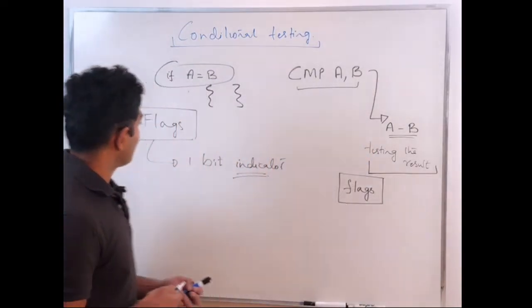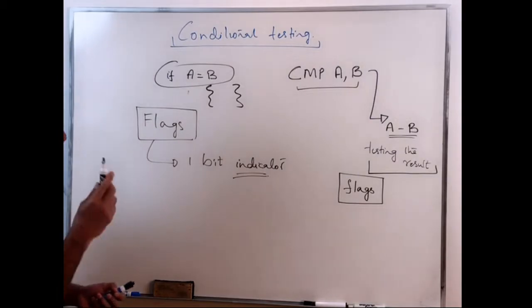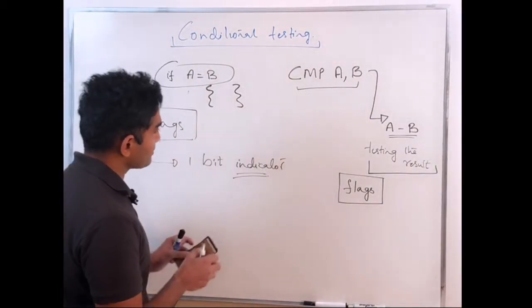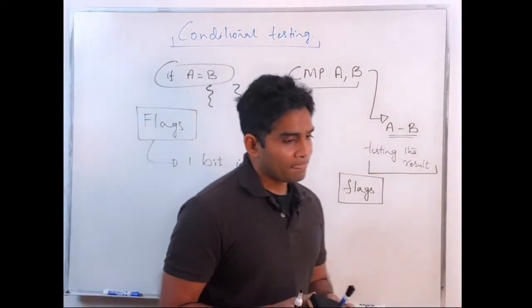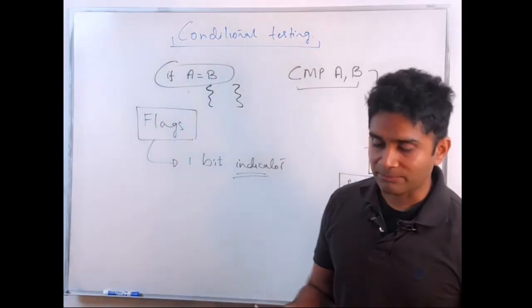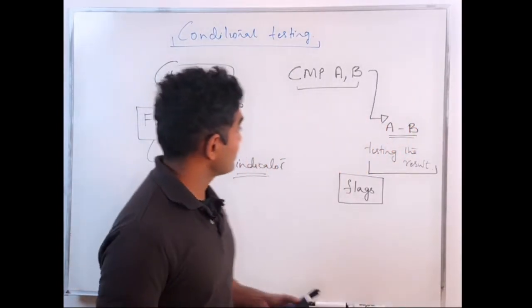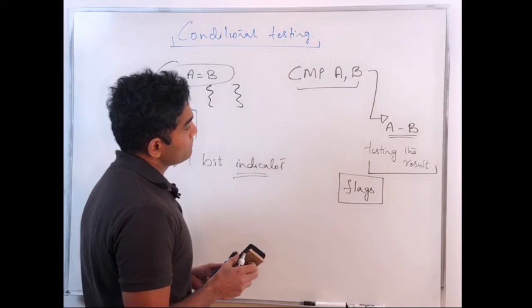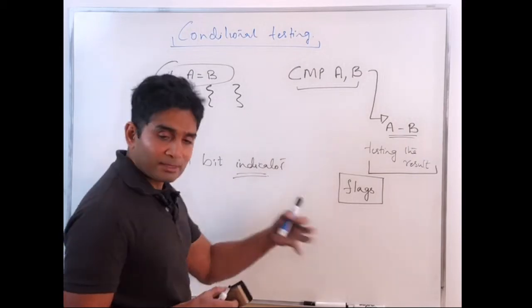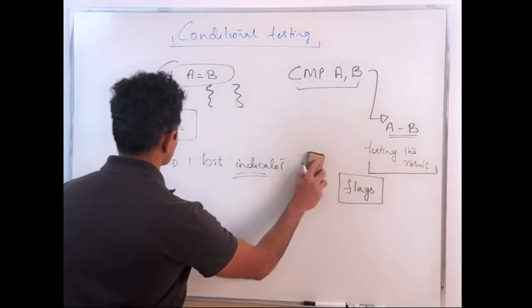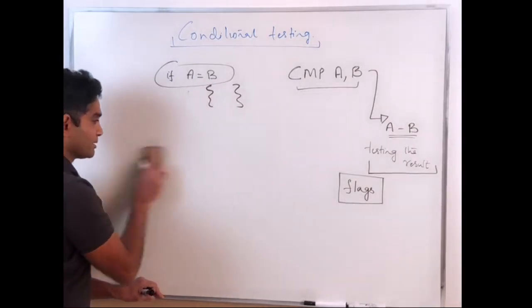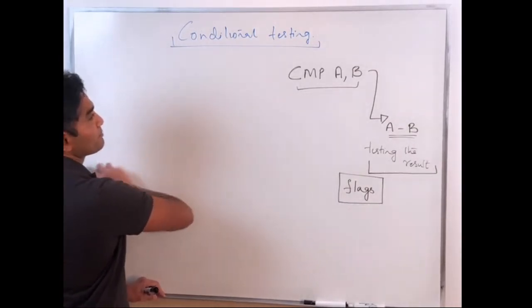Now, what kind of an indicator is it? I can produce a flag to indicate the result of an operation. Let's take some examples that will make things more clear.